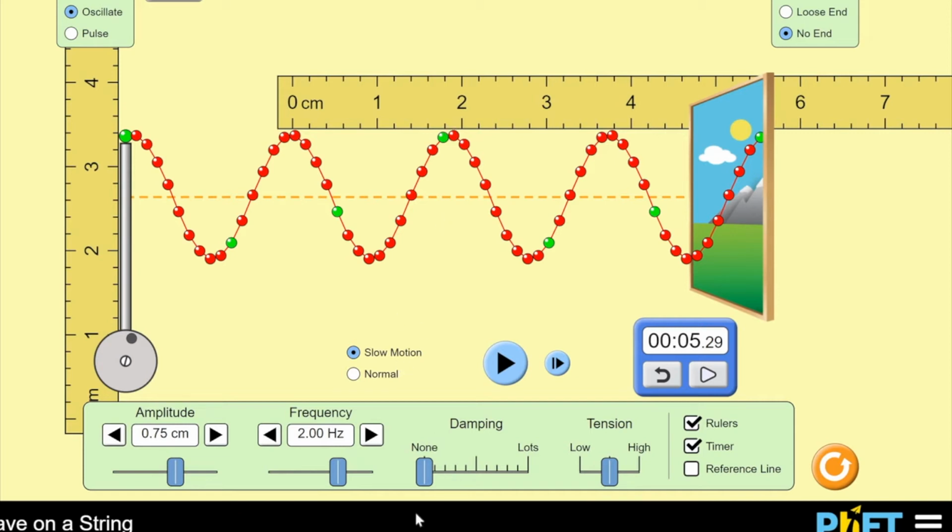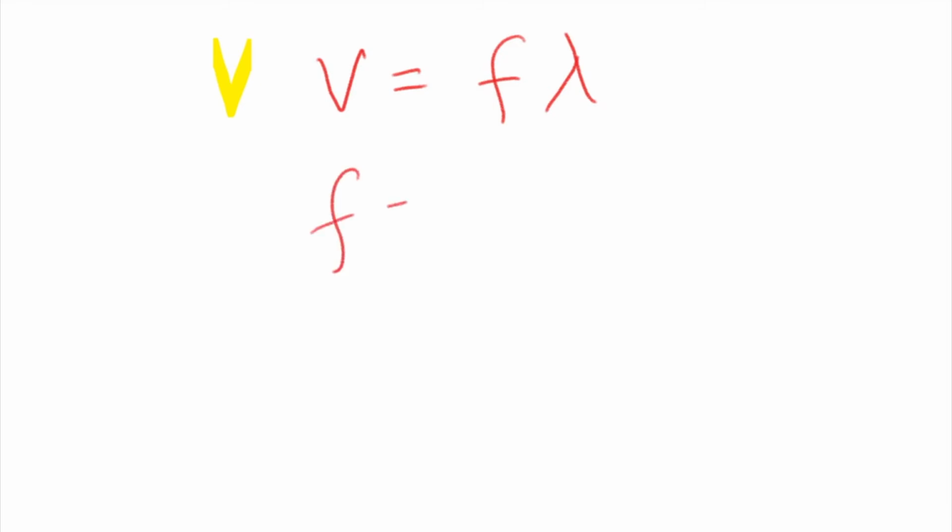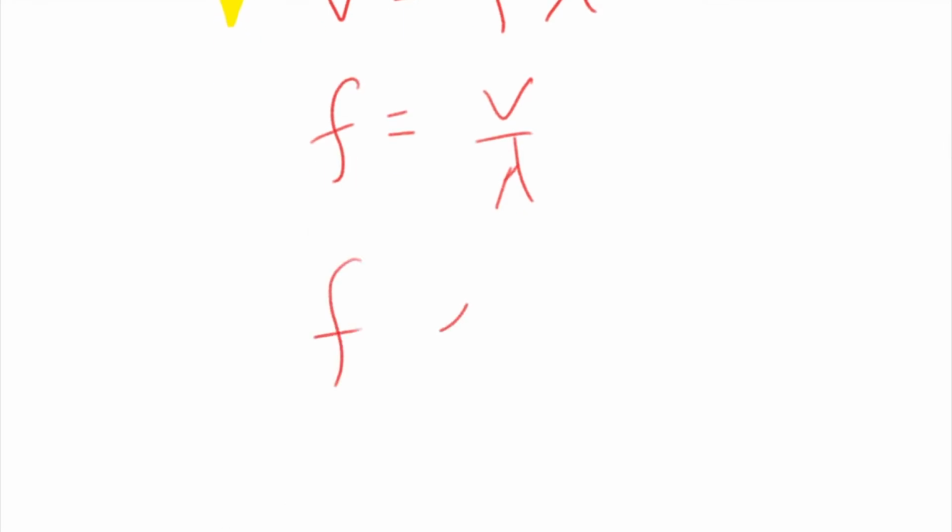Now, what if we have the frequency? Let's move this over here just to show you what we're doing. What we're saying then is if the velocity is constant, then the frequency is inversely proportional to the wavelength.